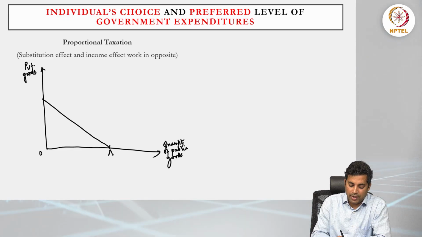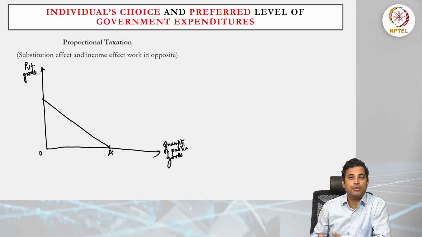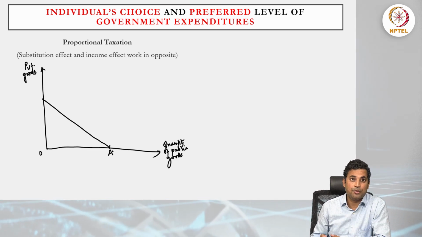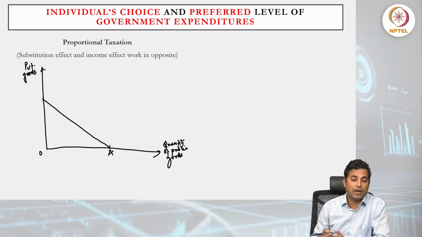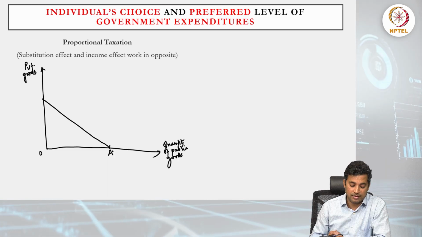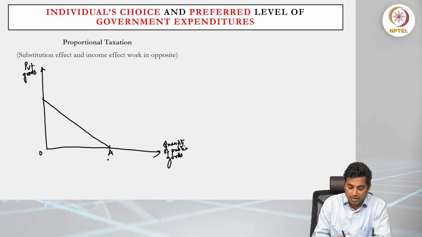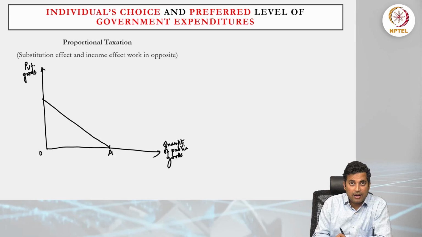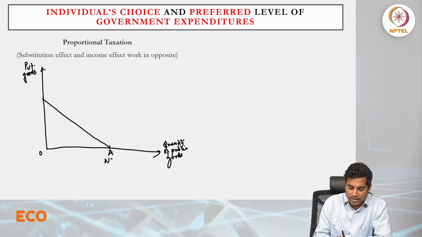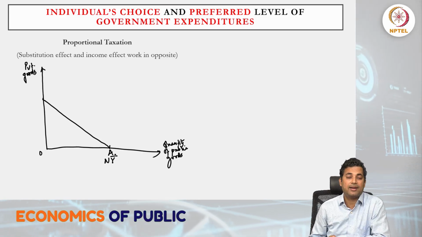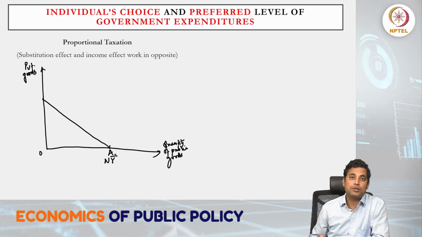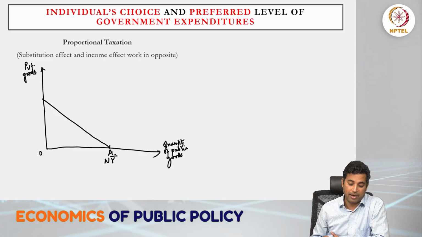Say OA is the total amount of output that we get from the economy, and OA at point A is basically total output, which we measure in terms of average income Y bar.